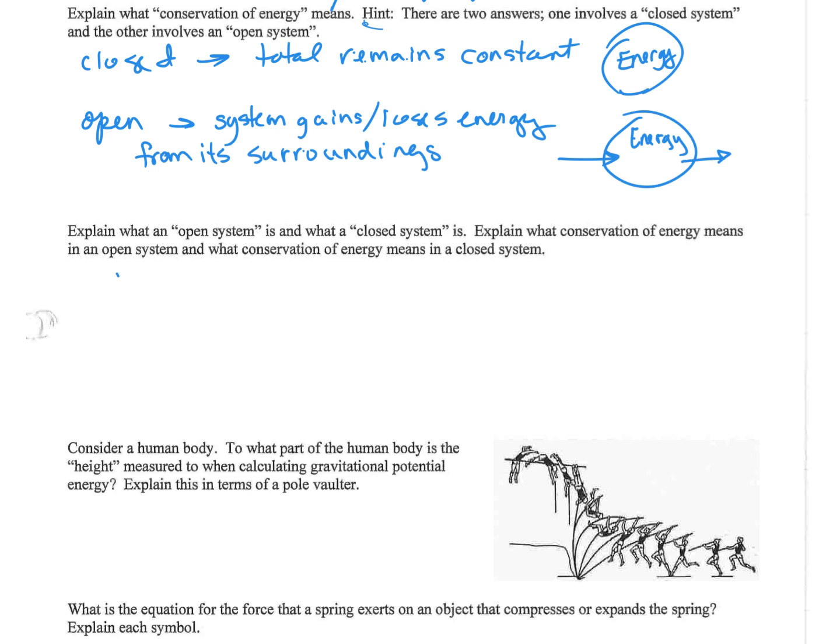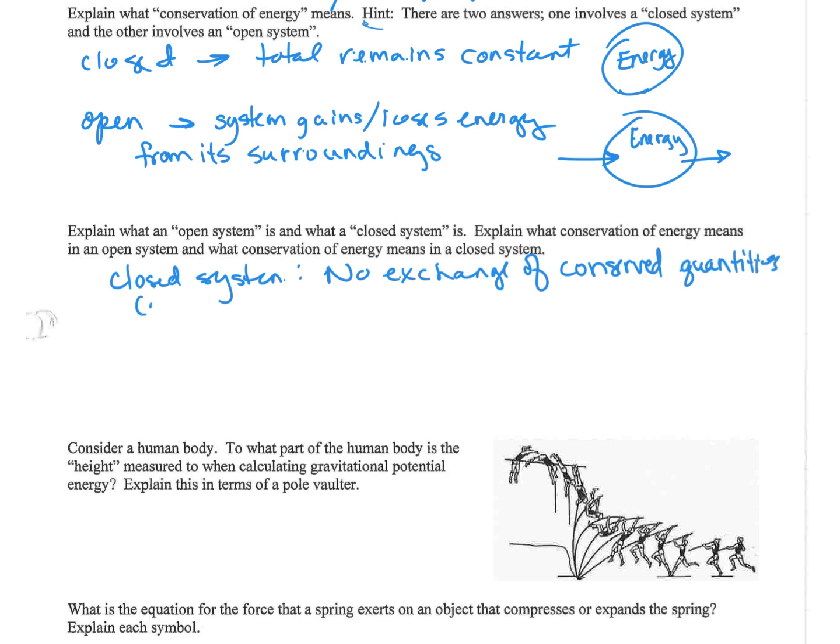So let's talk about what a closed system is. Closed system: no exchange of conserved quantities, and that would be either mass, energy, charge, with its surroundings.